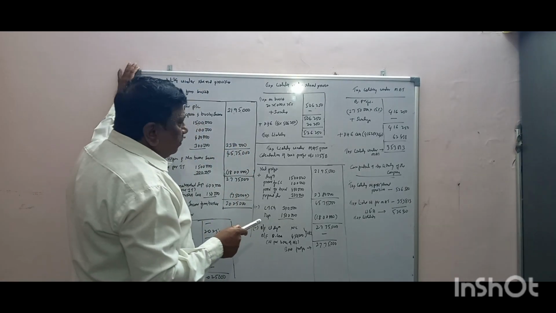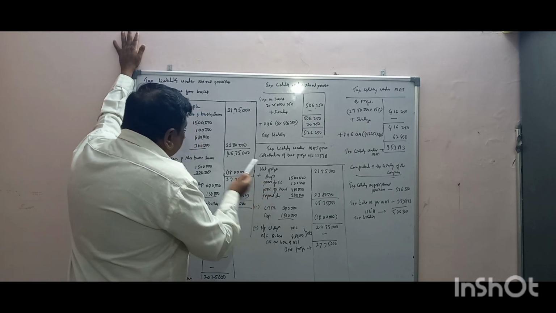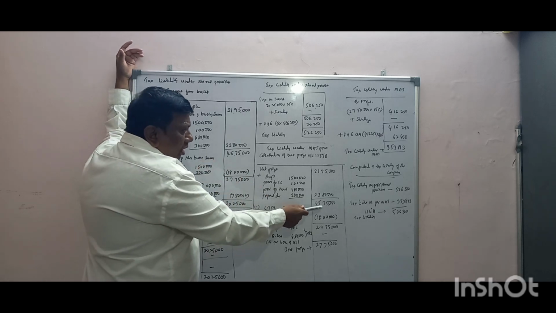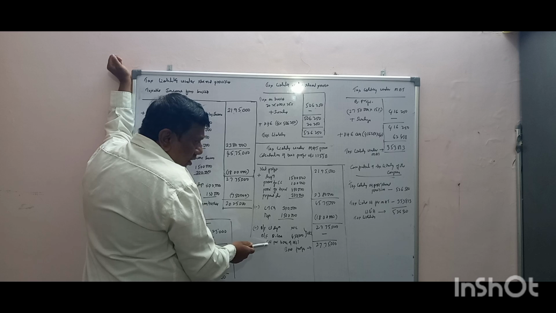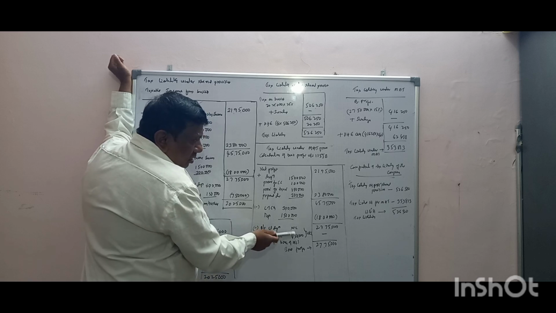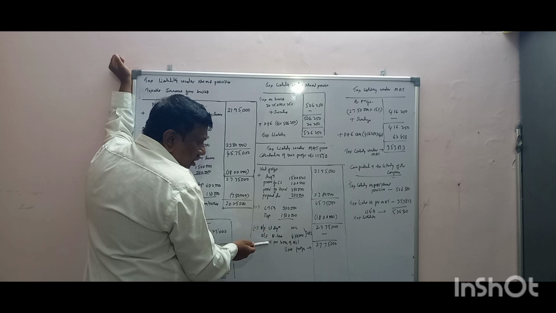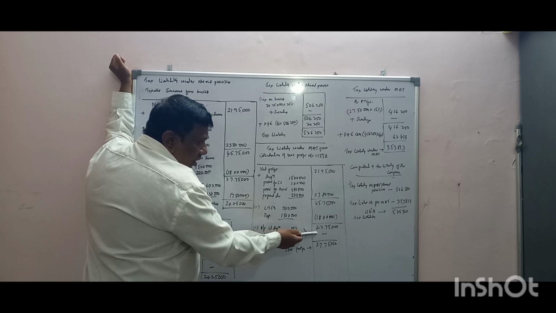Now MAT provision. I said penalties are not there, so I am not writing anything. Same as it is, 23 lakh 80,000. This also same. Here I said whichever is least: brought forward unabsorbed depreciation, brought forward business loss. We are comparing whichever is least. From these two, here nil. So least is nil.